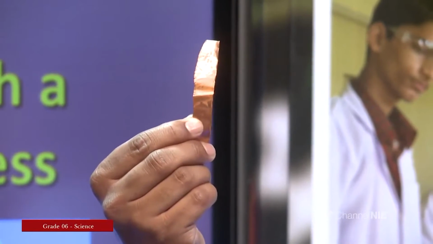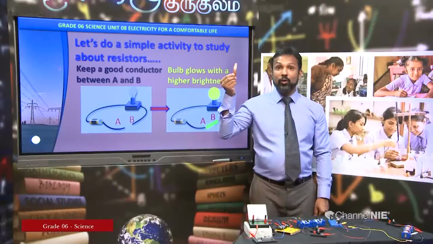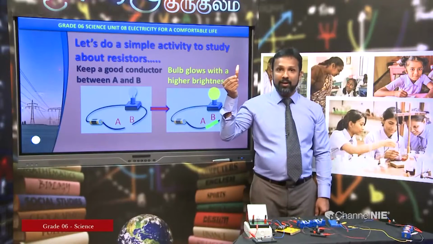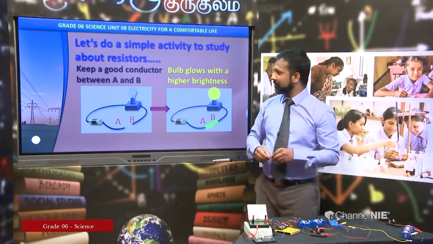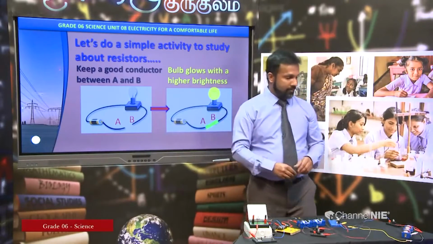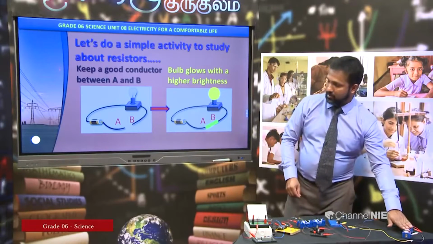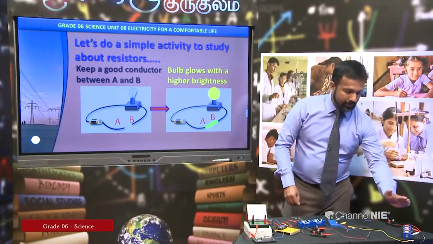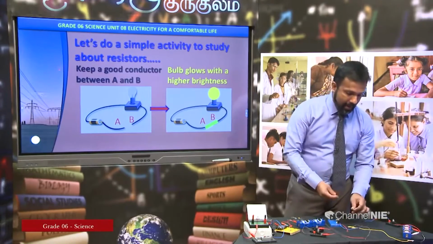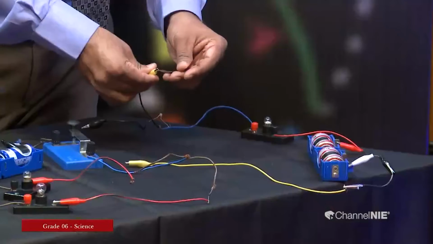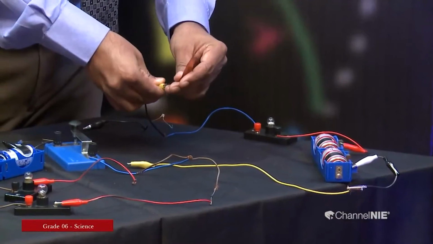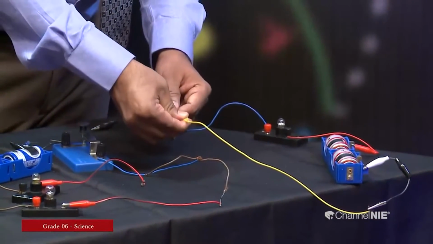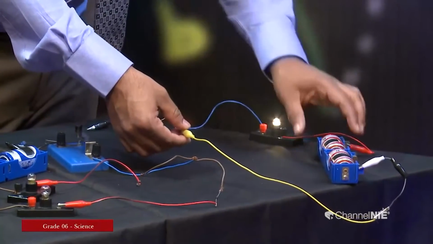So, first of all, I am going to keep this good conductor, copper, between A and B in this circuit. The battery is there. I have used a 2 dry cell battery, a bulb, connecting wires, and I am going to keep the conductor. What can you observe?